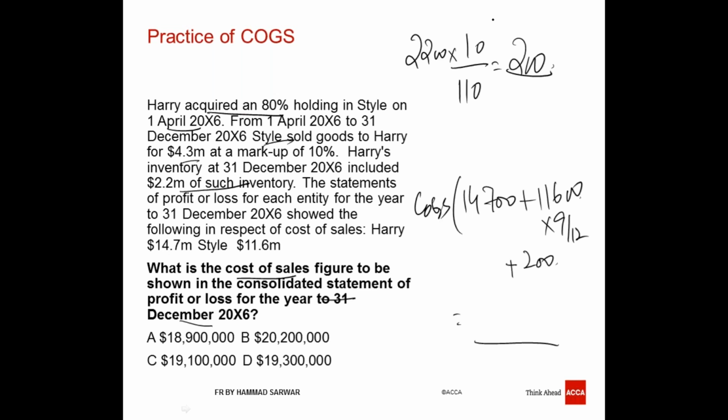Minus intercompany transaction. Actually, we have skipped the figure of 4,300. So 14,700 plus 11,600 into 9 by 12 minus intercompany transaction of 4,300 plus unrealized profit of 200. So the right answer for this question is D.